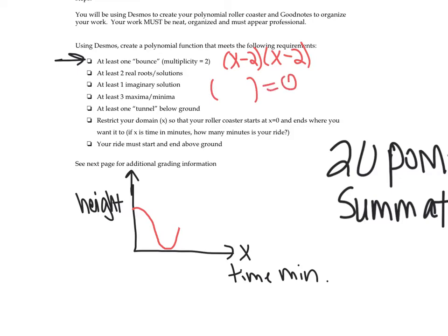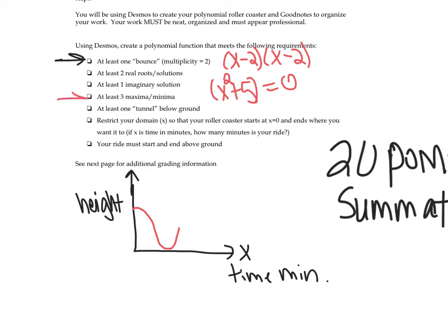You need to have the square root of a negative number, which means something on the inside of your factor is squared and you add something to it, whatever works for your roller coaster. Because if I had x squared plus 5, if I subtracted 5 and took the square root, I'd have the square root of negative 5, which would give me an imaginary solution.